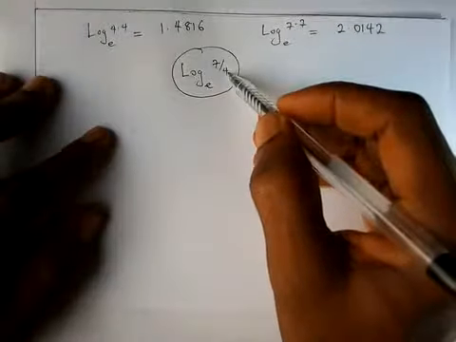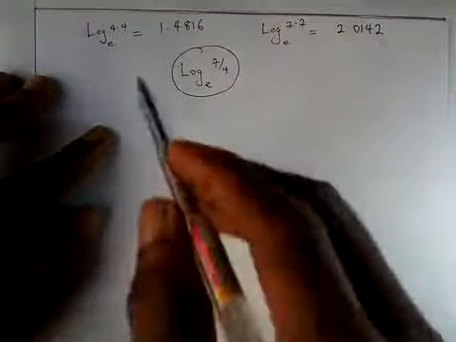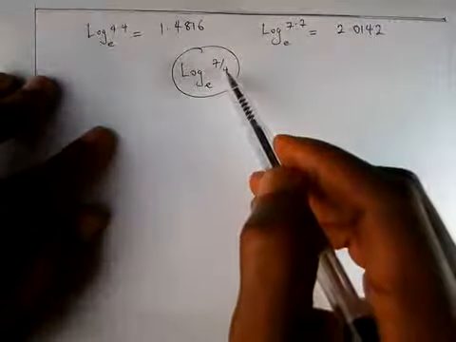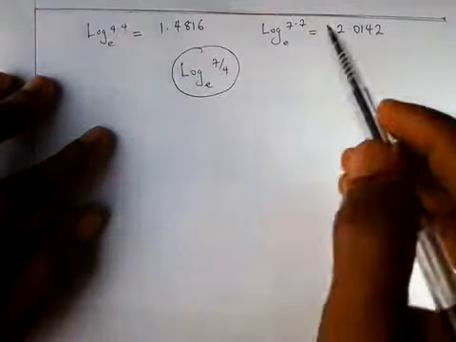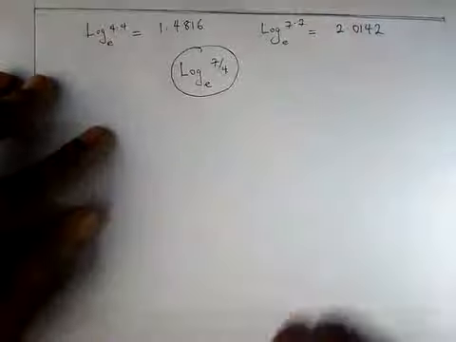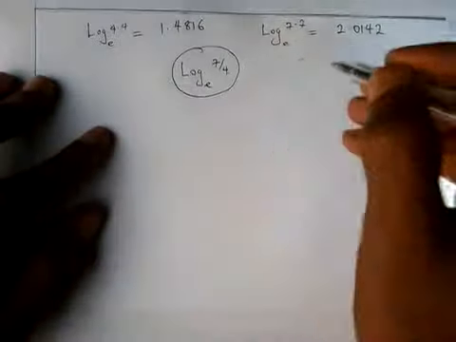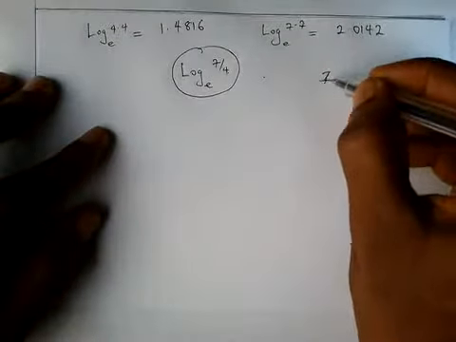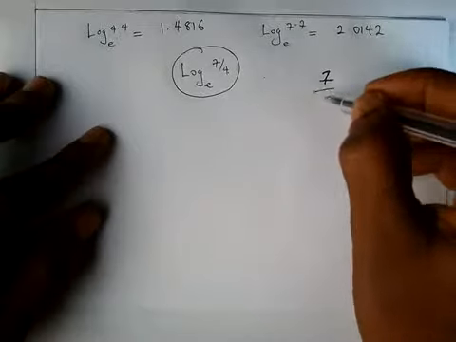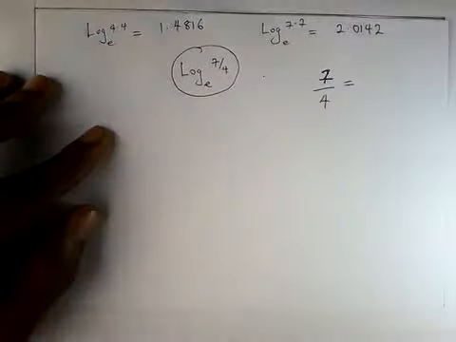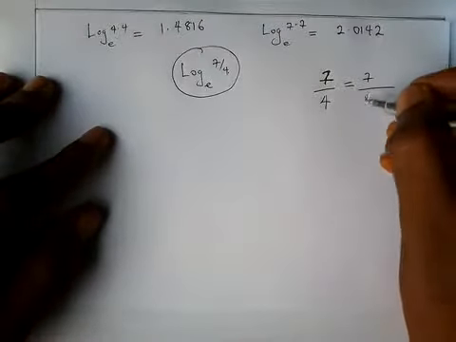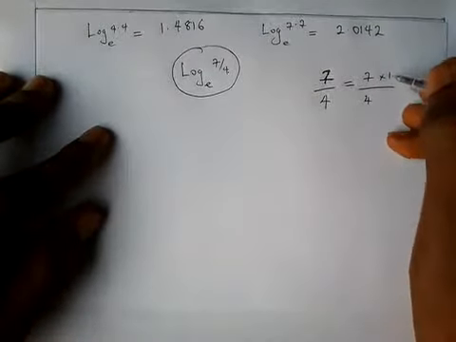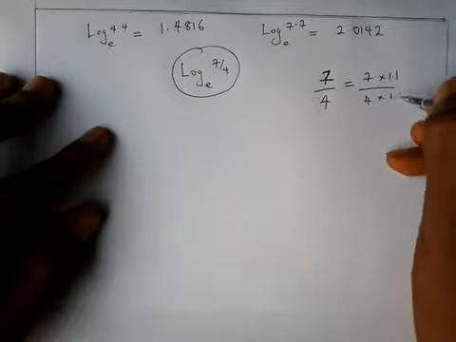Now from this, the trick is simply just like the question we solved before. Now 7 over 4, watch this, 7 over 4 is the same thing as 7 over 4 if I multiply it by 1.1 on top and by 1.1 at the bottom.